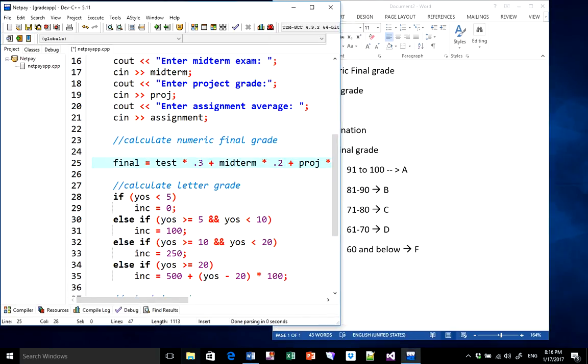So if final is greater than or equal to 91. What's the input?